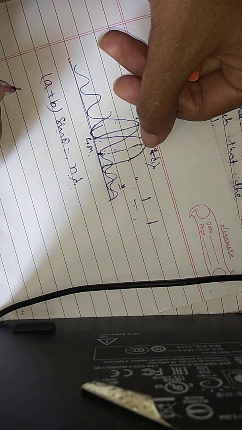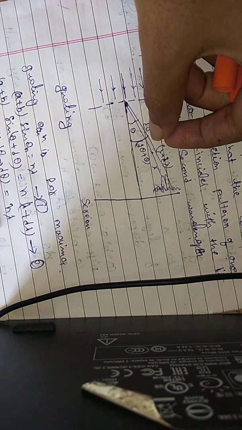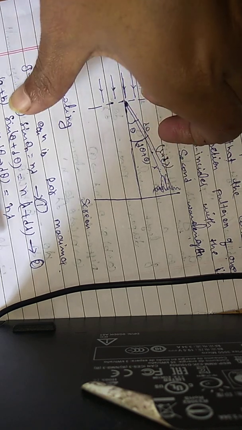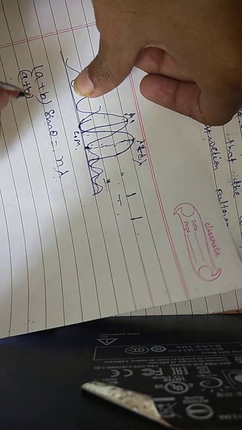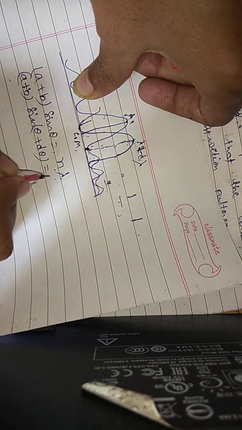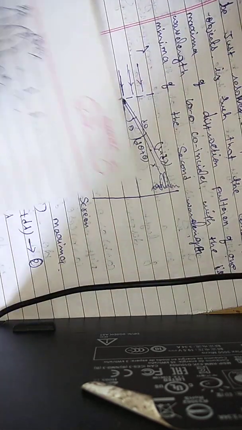So for the second diffraction pattern, it is taken as (a plus b) sin(theta plus d theta) equals n(lambda plus d lambda).